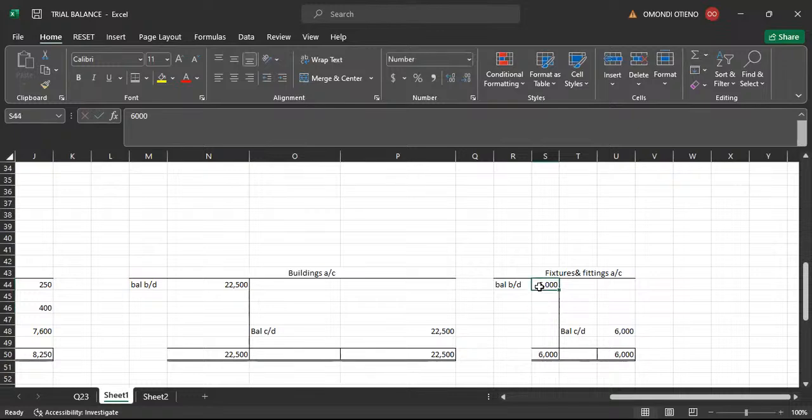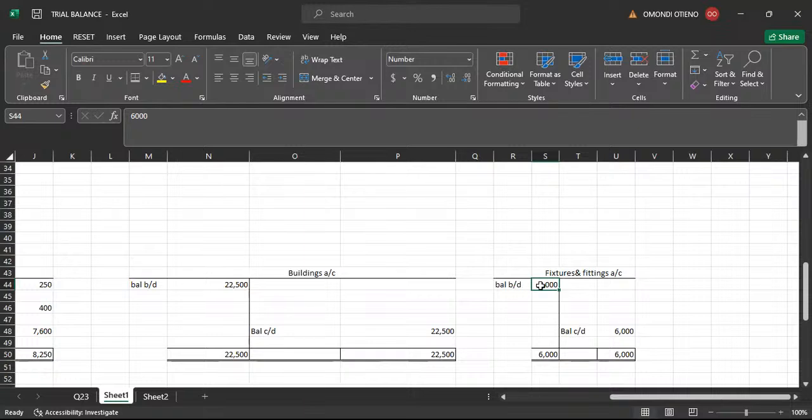Then this 6,000 here is the cost, but it has been depreciated up to or by 1,400. So our balance brought down in this account, the net book value of this asset, should be 6,000 minus 1,400.